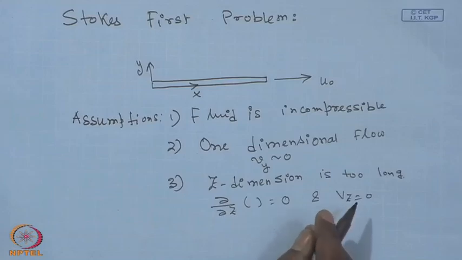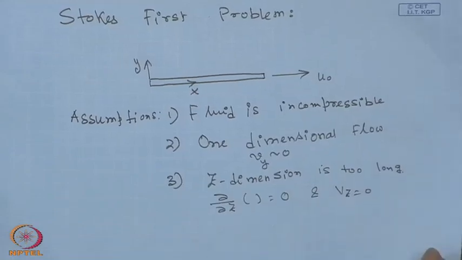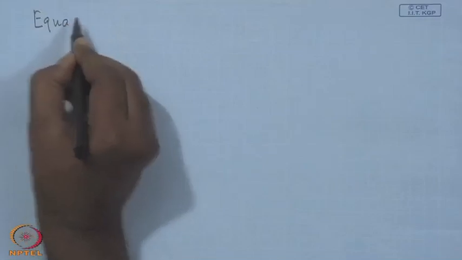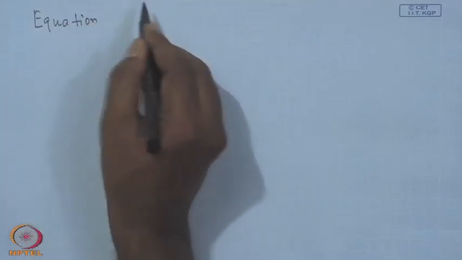Now, once we have this, let us write down the equation of continuity and the equation of motion in the x direction. The equation of continuity will give you the following expression.